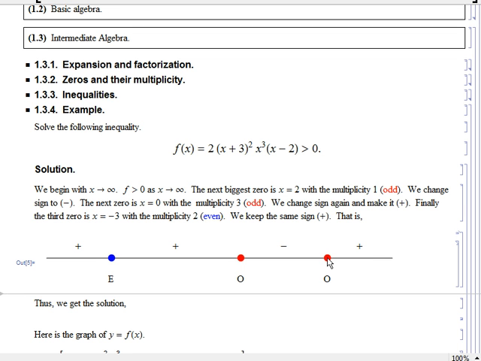And then what happens next? x minus 2 has first power here, so this graph behaves kind of like a linear function. So the graph cuts through the x-axis, kind of like a line around here. Now when x is pretty close to 0, it behaves kind of like a cubic function, third power. So it goes up and then hits the 0 and then cuts through, kind of like a cubic function. So we have a sign change again.